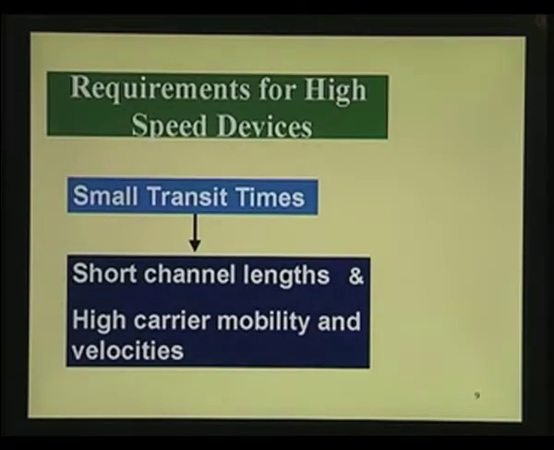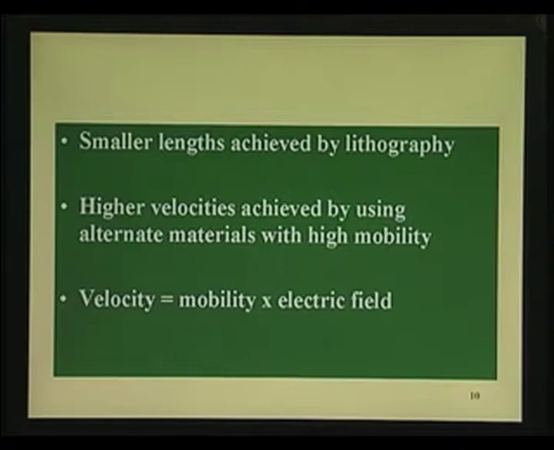So, to reiterate what we are telling, the requirements for high speed devices are small transit times. I have said it more than once, but put it in black and white here, or in white and blue: short channel lengths and high carrier mobility and velocity.